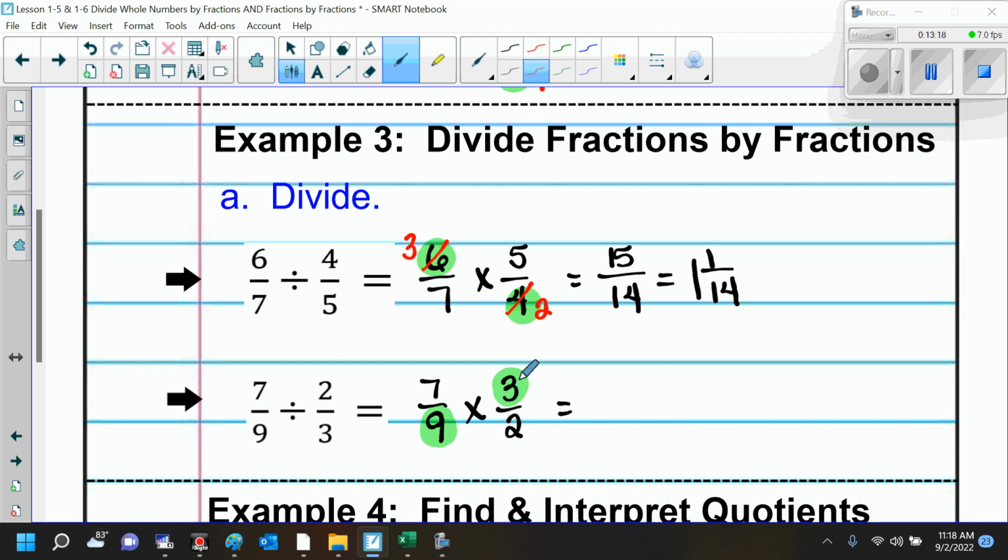And we can divide both of those by 3. So 3 divided by 3 is 1. 9 divided by 3 is 3. And then we can multiply straight across. So 7 times 1 is 7. And 3 times 2 is 6. And then we can change again to a mixed number. 6 goes into 7 one time. With how many left over? 1/6. Very good.